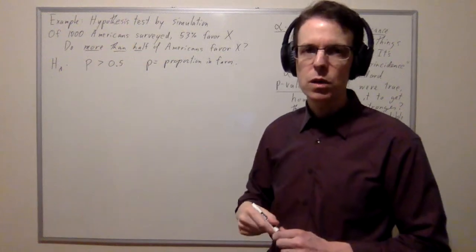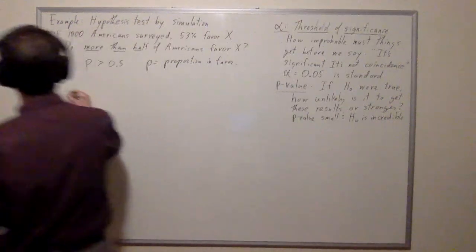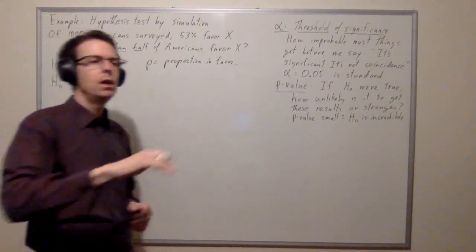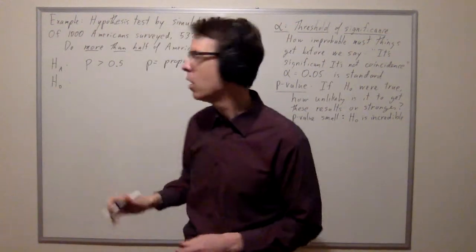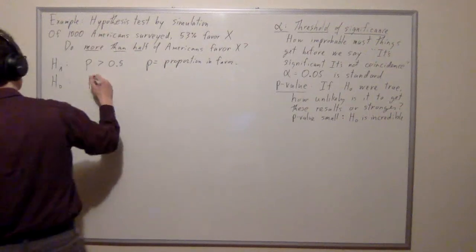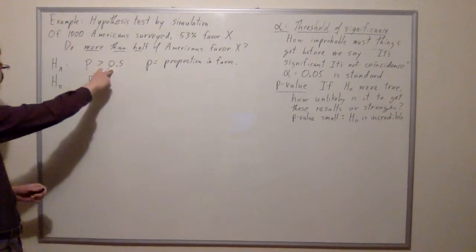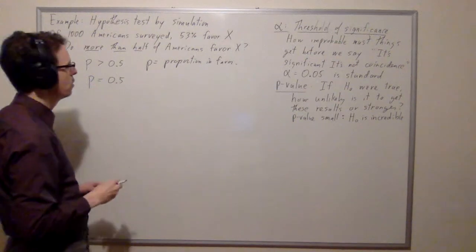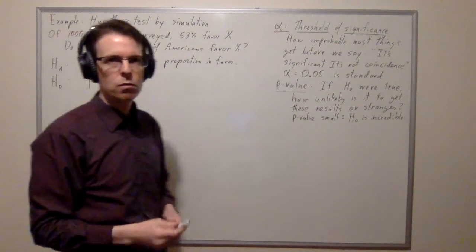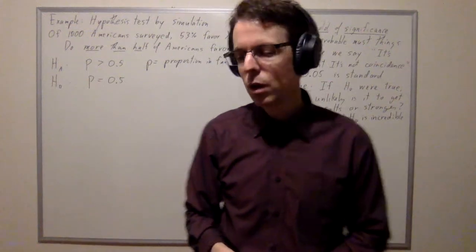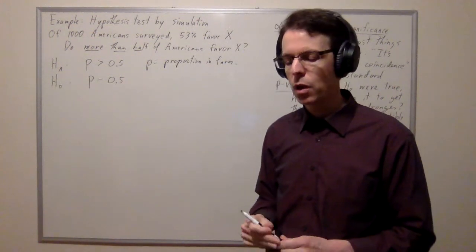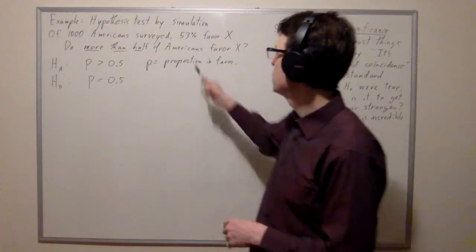Whenever we're doing any hypothesis test, we need to clarify what the null hypothesis is. The null hypothesis is a statement of equality, parity, no effect, nothing going on here. In this case, it contradicts the inequality of the alternative hypothesis and states that, in fact, exactly half of Americans favor X, whatever X is. So basically, we're juggling two possible explanations in our head here for this 53% figure.